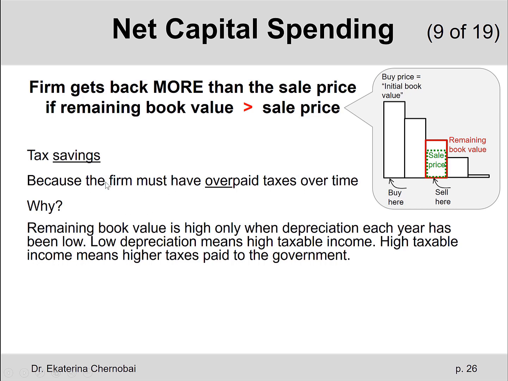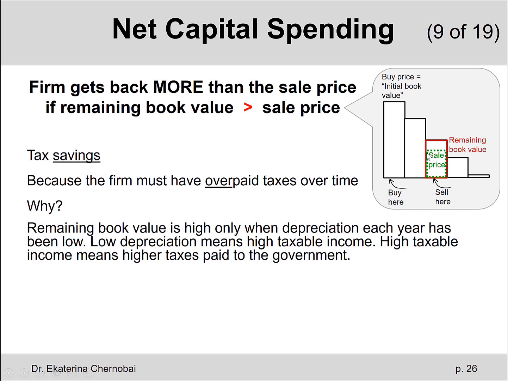How do you know that this is what's happening? Well, when the remaining book value is high at the time of sale, it means that as if the asset has not been losing enough value, right, since the time it was purchased. Because now somebody is only willing to pay us this much money, which is below how much the asset is worth on the books, right?